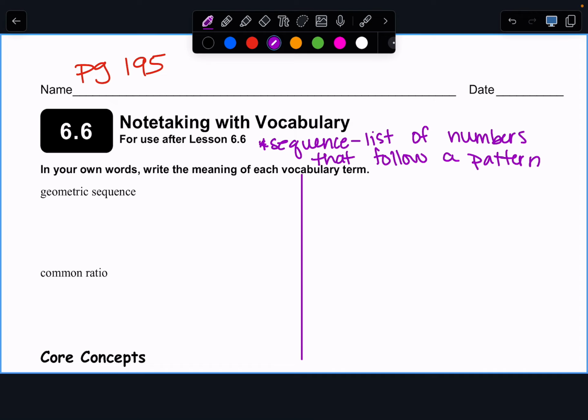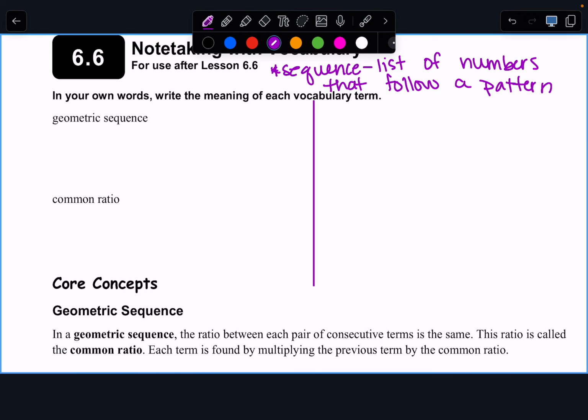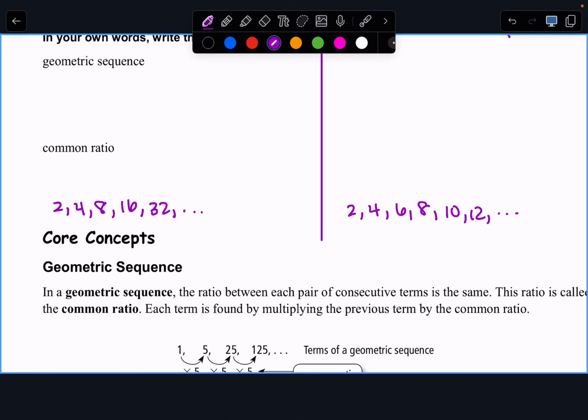Okay, I am going to write a sequence down here, and I'm going to write a sequence over here. So these are both sequences. They are a pattern of numbers.